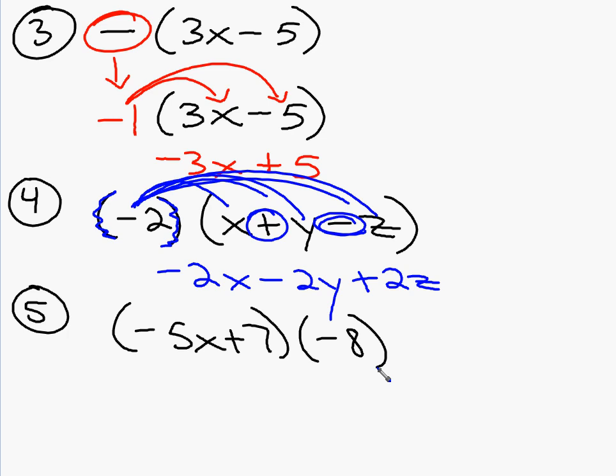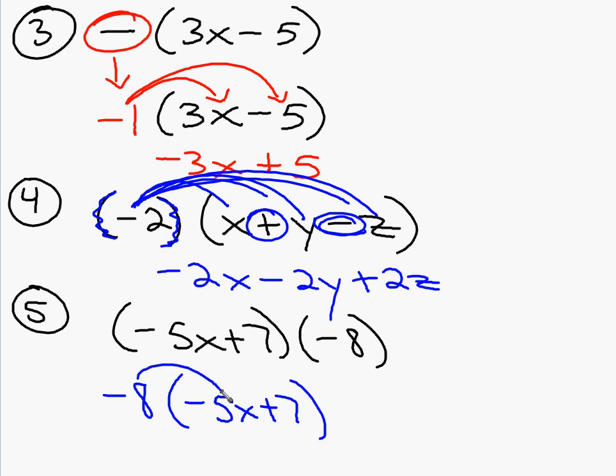We learned yesterday that we can use the commutative property and change the way that it's written. 7 times 5 is the same thing as 5 times 7. So I can change these sides and make it negative 8 times negative 5x plus 7, which looks more like what we've been doing. And then it's just normal from that point on.